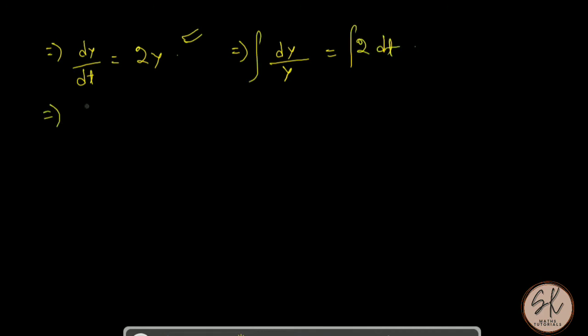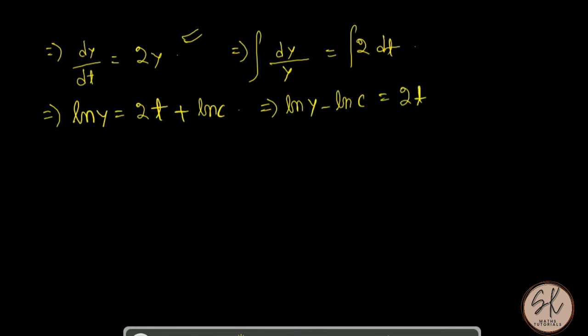See, now after integration we will get ln y = 2t + ln c. So this implies ln y - ln c = 2t, which implies ln(y/c) = 2t.